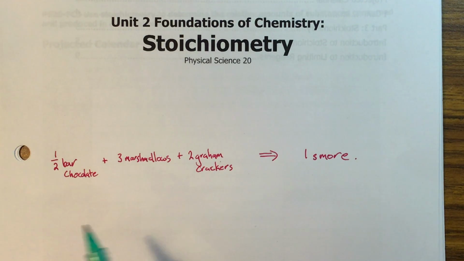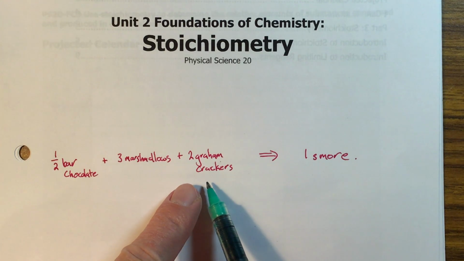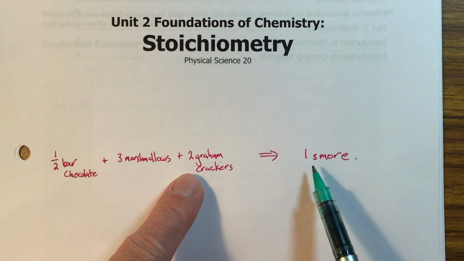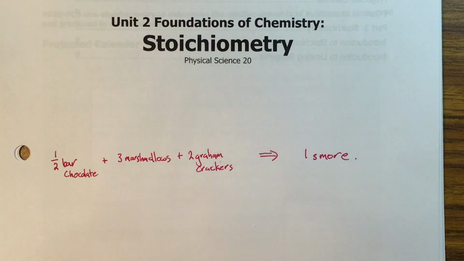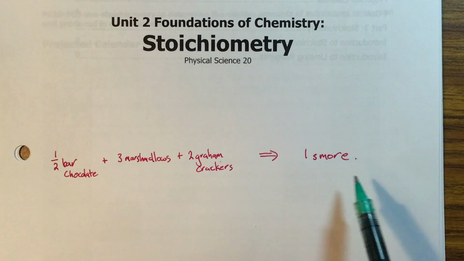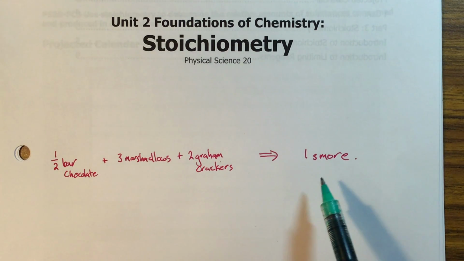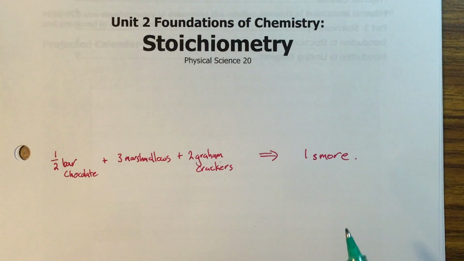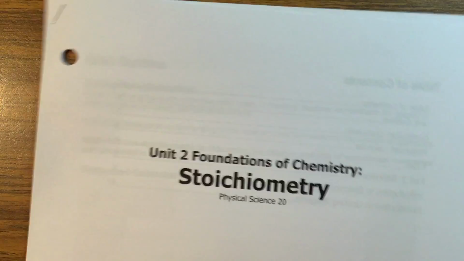Or I've got 300 grams of graham crackers. How many s'mores could I make? Well, that depends on how much each graham cracker weighs. But all of these calculations are all based on this chemical formula. Right? So those are the types of questions we are going to be asking with stoichiometry. So let's get down into some of the examples.